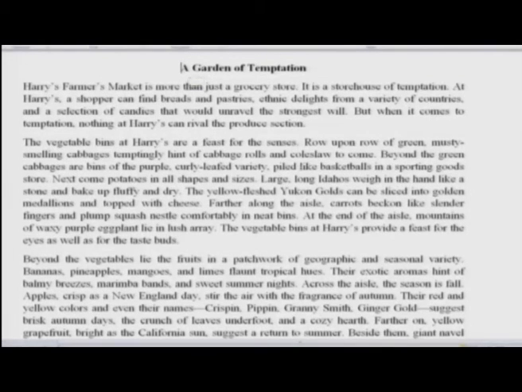Then you have a simile here, a comparison. These cabbages are piled like basketballs in a sporting goods store. So, this apt comparison comes here. Then potatoes in different shapes and sizes. So, there is description, there are adjectives about shapes and sizes here.